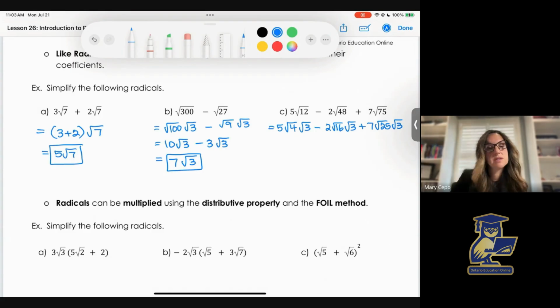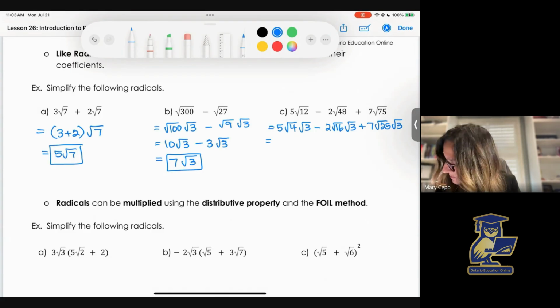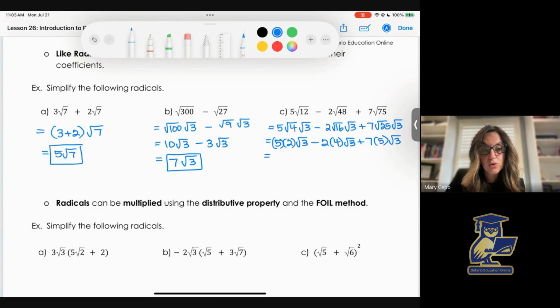Okay, so if we take the square root of 4, we know that is 2, so this becomes 5 times 2 radical 3, minus 4 radical 3, plus 7 times 5 radical 3. Fully simplify first before adding or subtracting like radicals.